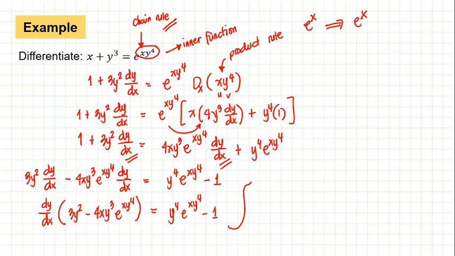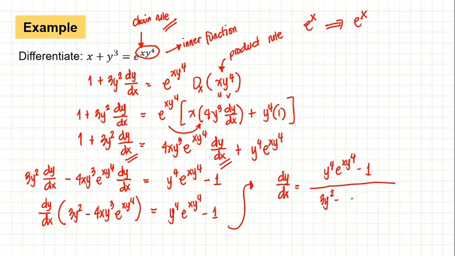So yung mangyayari, we will have dy over dx equal to y to the power of 4 e raised to xy to the power of 4 minus 1 all over 3y squared minus 4xy cubed e raised to xy to the power of 4. And that's it. This will be our final answer.